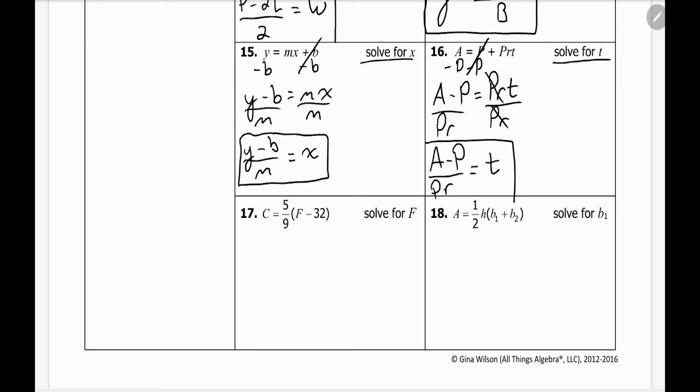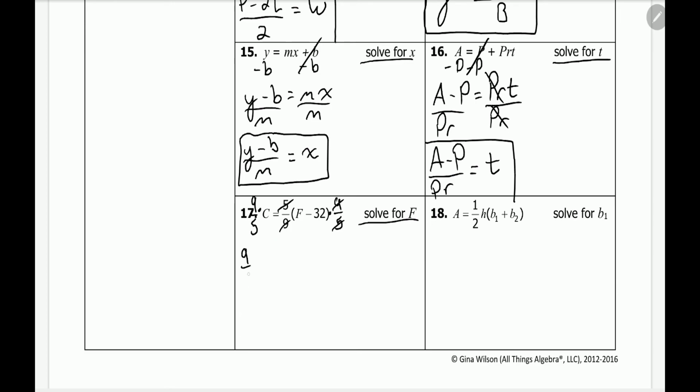Number 17, we have c is equal to 5 over 9 times f minus 32. So what we have to do is solve for f. In order to do this one, we have to get rid of this fraction. And in order to get rid of a fraction, you multiply by the reciprocal. So in other words, we're going to multiply both sides by 9 over 5. All right, 5 on top, 5 on bottom, 9 on bottom, 9 on top.